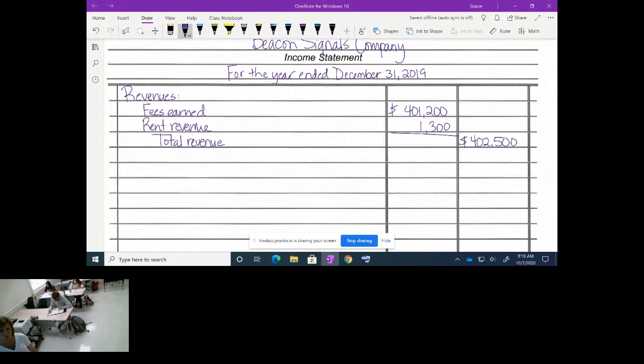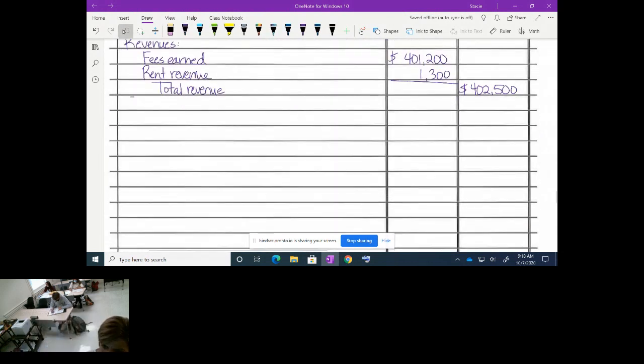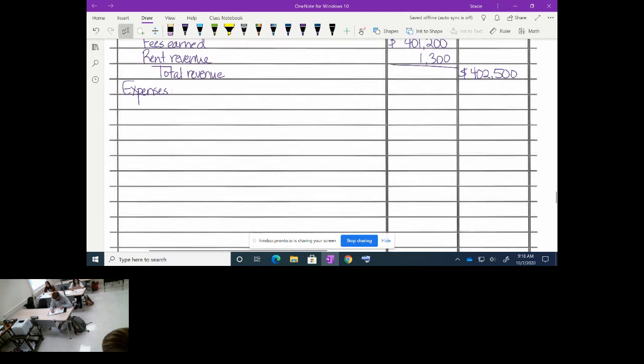Okay, so the next thing we're going to do is expenses. All right, so yeah, there's a whole lot of them. Are they in the right order? Yes, which is nice and handy. So all we have to do is just list these things. I'm probably going to list all my names and then go back and fill my numbers in.